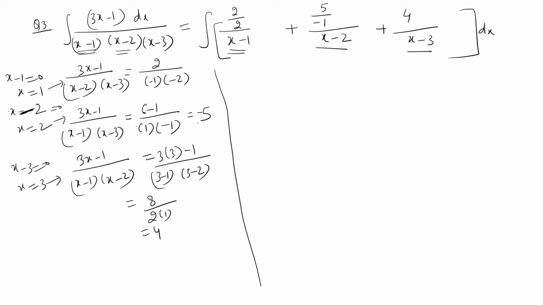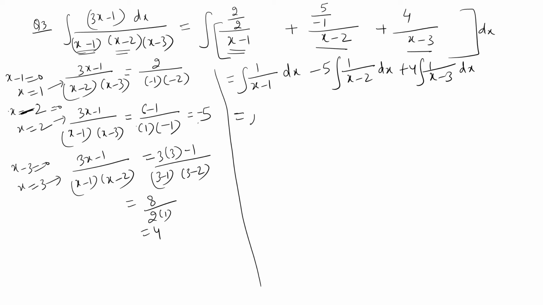Okay. So this is split to 1 upon x minus 1, minus 5 times 1 upon x minus 2, plus 4 times 1 upon x minus 3. Okay. So the integral of 1 upon x minus 1 is log mod x minus 1, minus 5 times log mod x minus 2, plus 4 times log mod x minus 3, plus c.